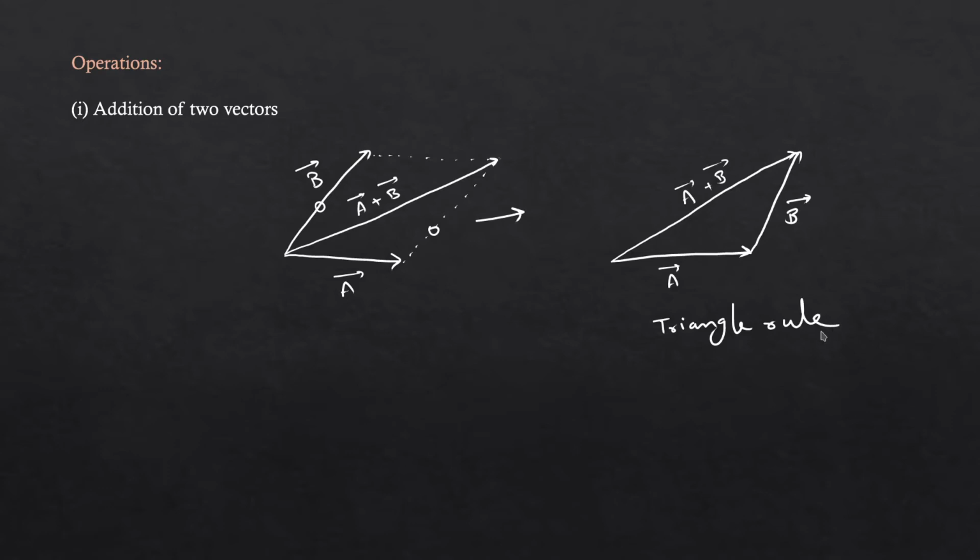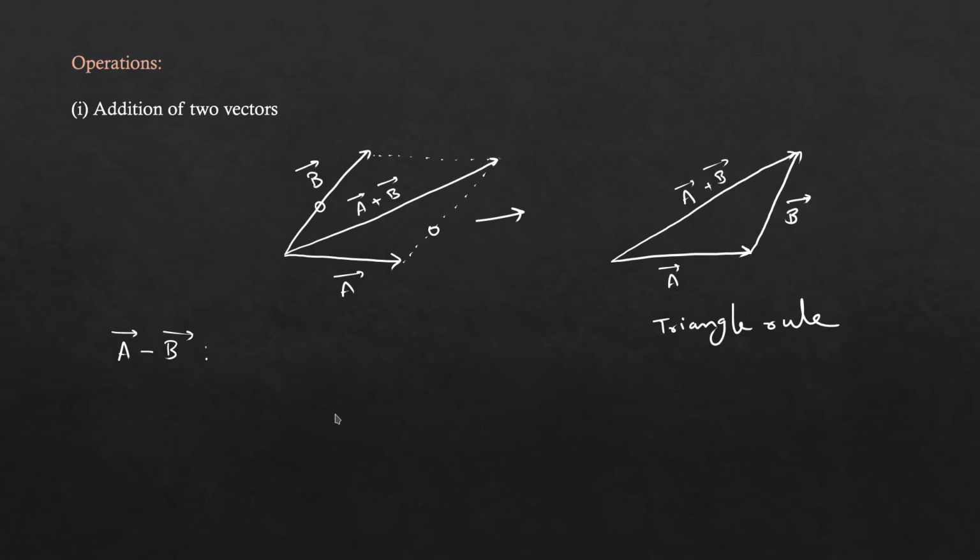Now we know how to add two vectors. If somebody asks, instead of adding two vectors, I want to subtract two vectors, that is, I want to calculate vector A minus vector B, let's see how to do that. Let me draw exactly the same thing.